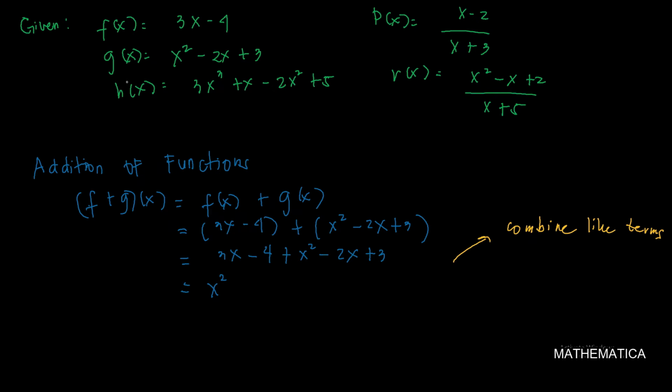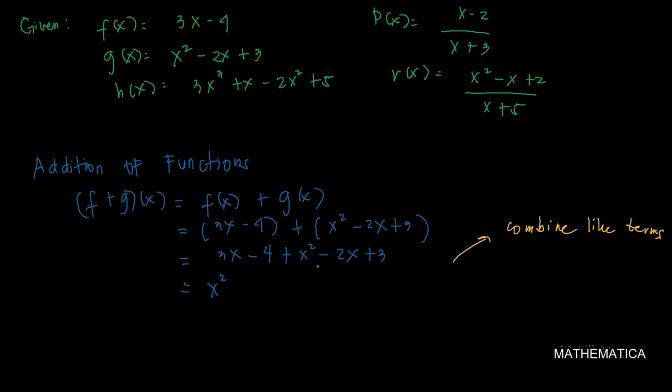So, meron tayong 3x and negative 2x. So, they are unlike sign. Isang positive, isang negative. So, we have to minus. So, 3x minus 2x, magkakaroon tayo ng 1x.